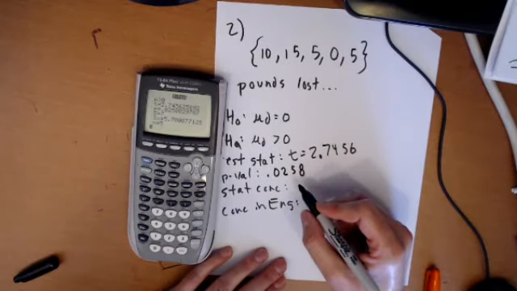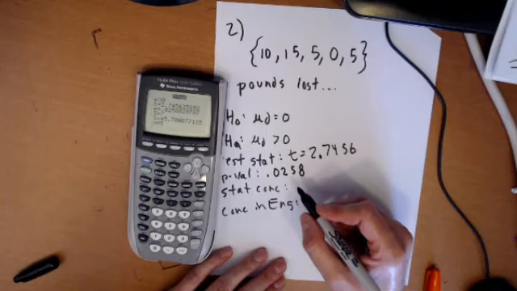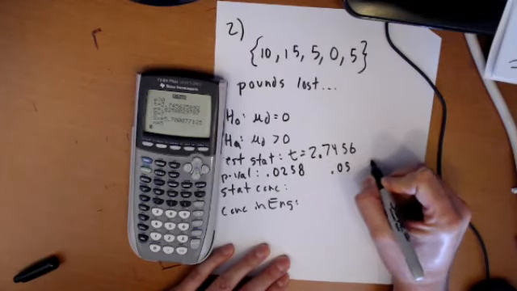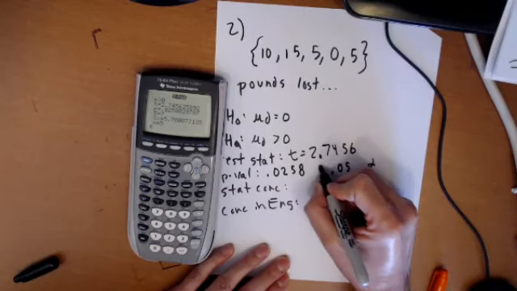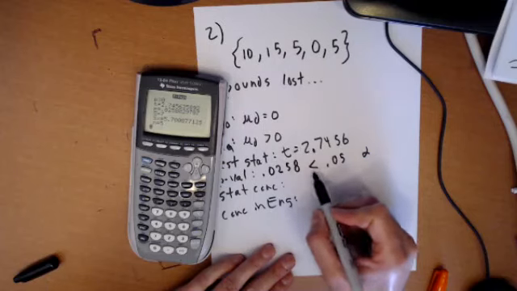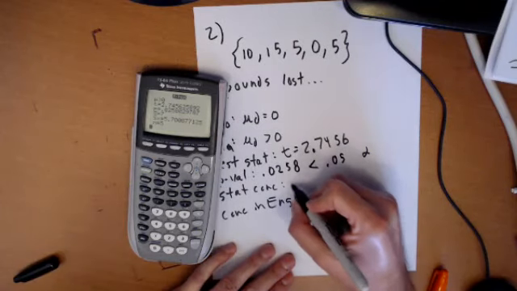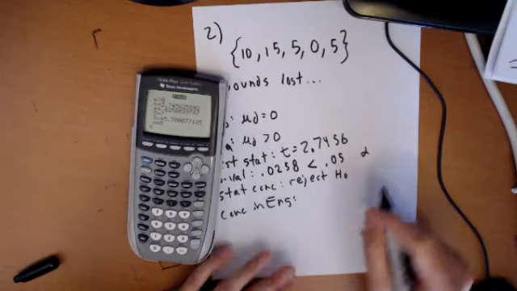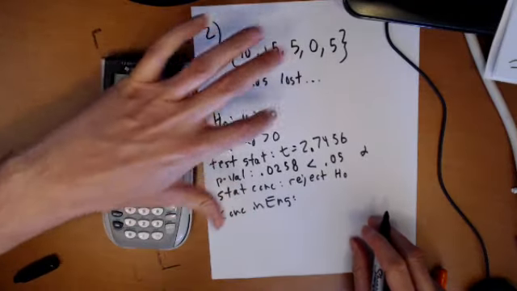Alpha significance level is 0.05. So how does that 0.0258 compare to our alpha of 0.05? It is less than. Our p-val is less than our alpha. If p-val less than alpha, we would reject the null, reject H0. Here's our H0. Let's reject it.